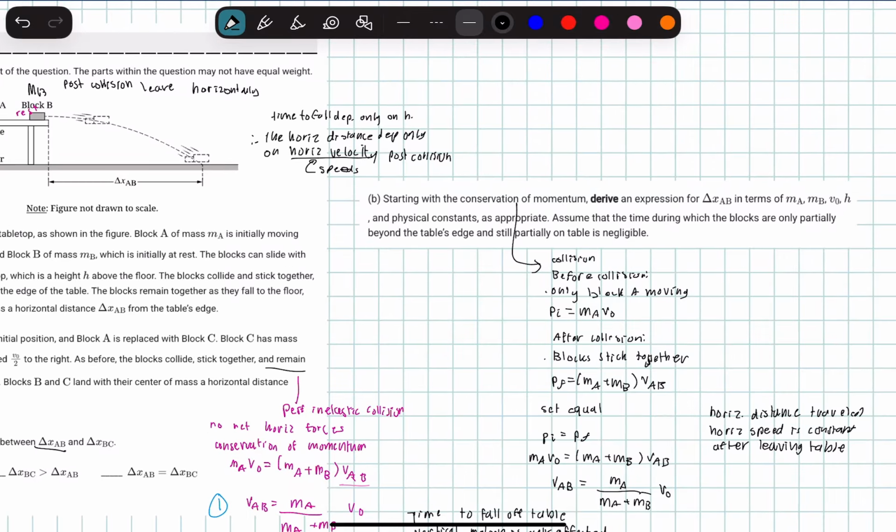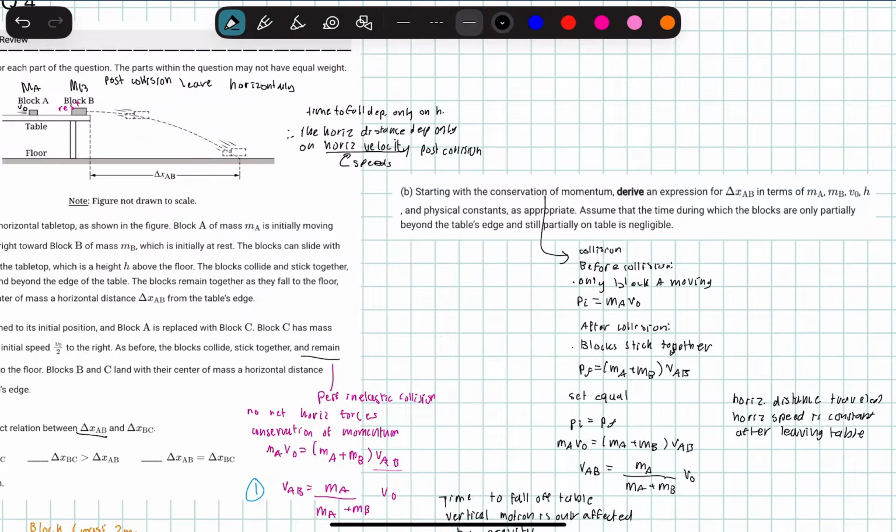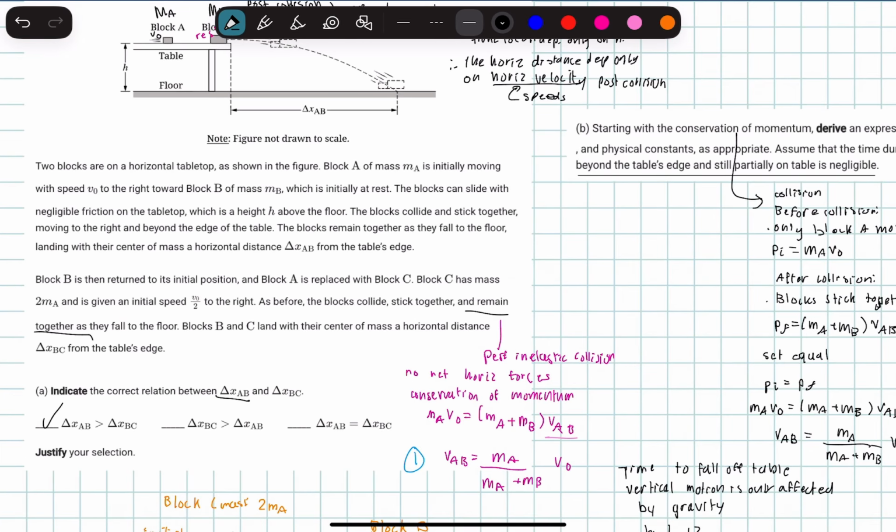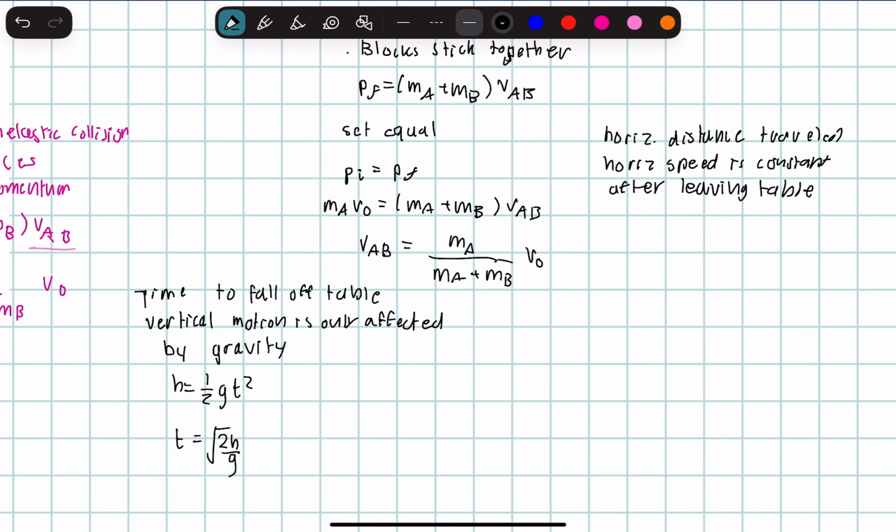That's because we assume the time during which the blocks are only partially beyond the table's edge and still partially on the table is negligible. So that time is negligible, and there is negligible friction, remember. So we can write that delta x AB is equal to VAB times t.